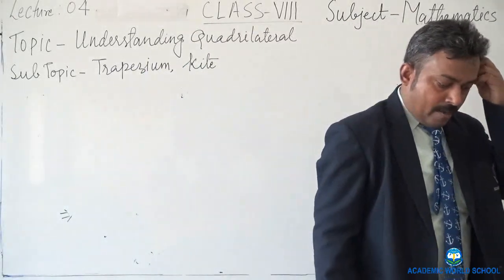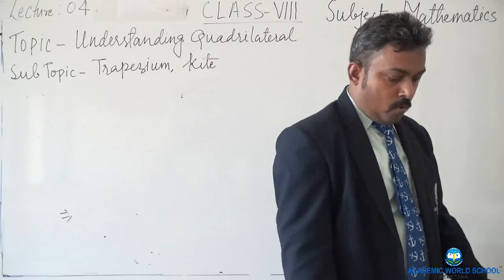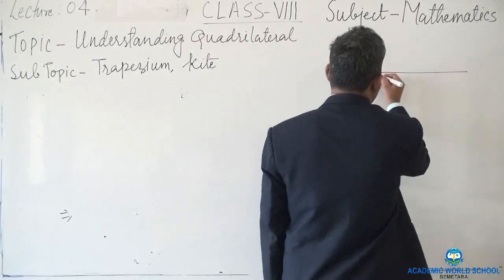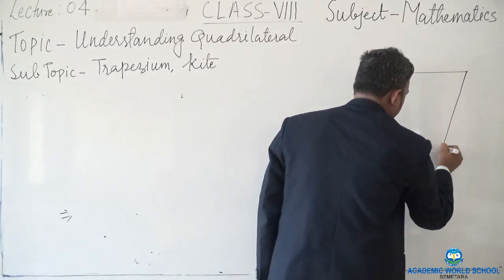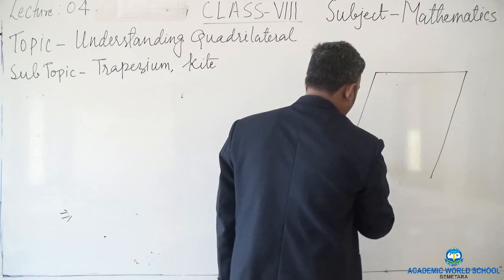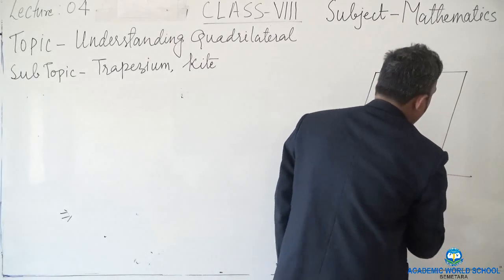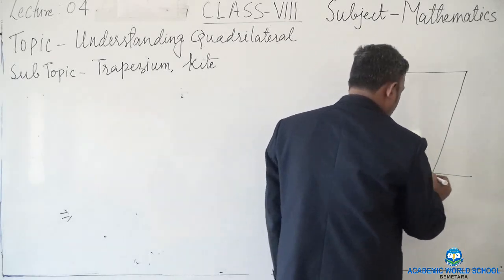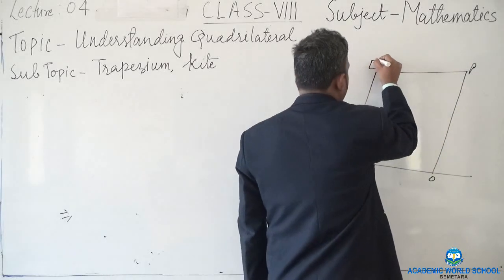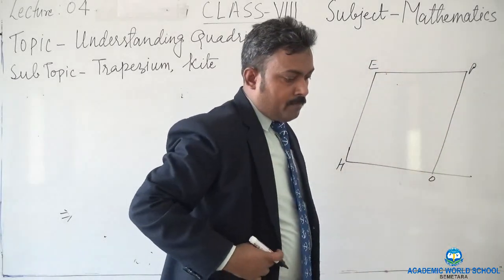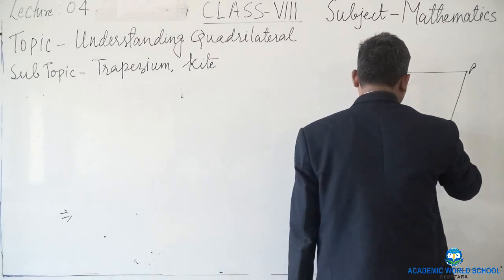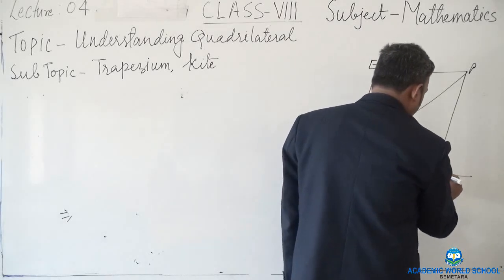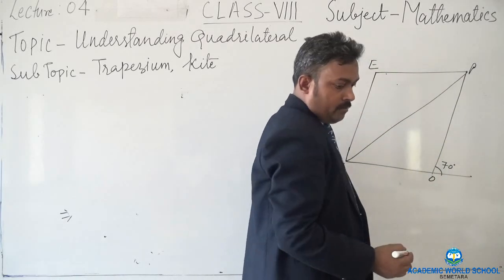Here there is a parallelogram O. In this parallelogram, this diagonal is given and this exterior angle is given 70 degrees.